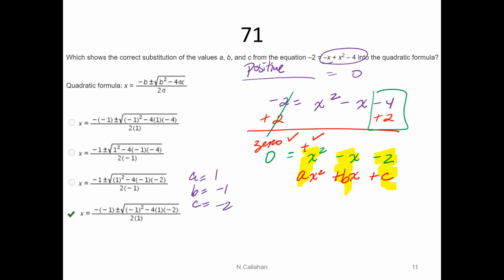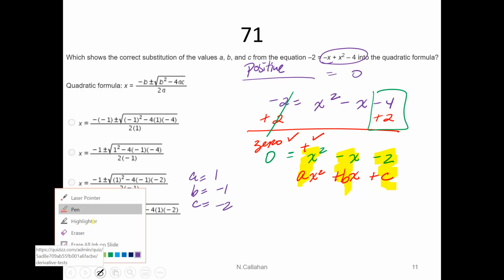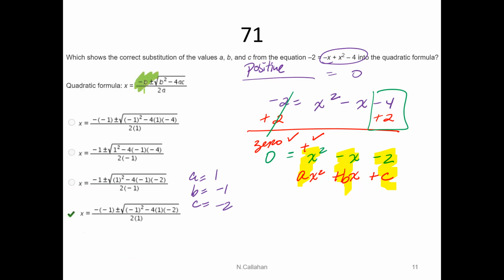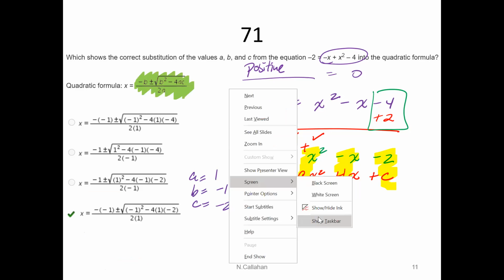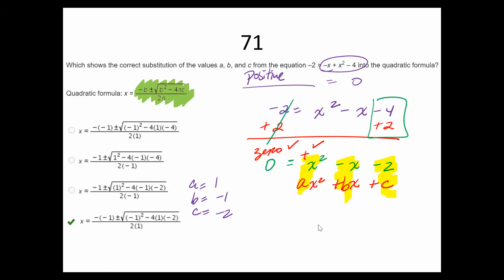And once you have that, you just plug it into the equation. This is your equation right here that I am highlighting in green. So let's go ahead and plug that in.